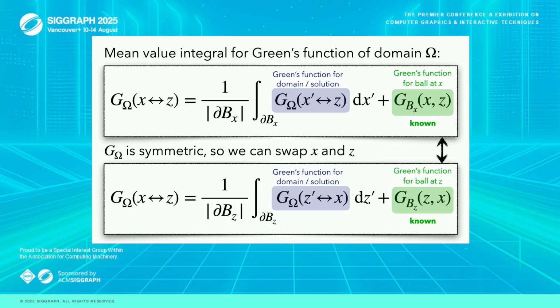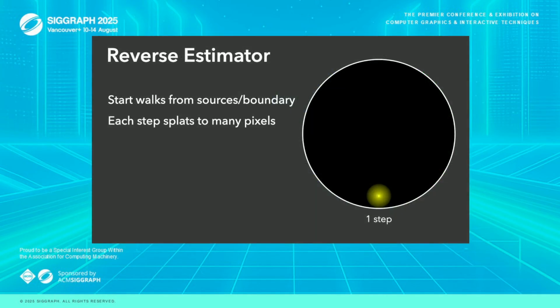It's a random walk starting at an evaluation point. But if I start with the bottom equation, it will form a random walk that starts at sources and then hunts around in space and tries to find evaluation points. And so here's what that looks like. If we just have a simple Poisson equation, we can start walks now from sources instead of from each pixel.